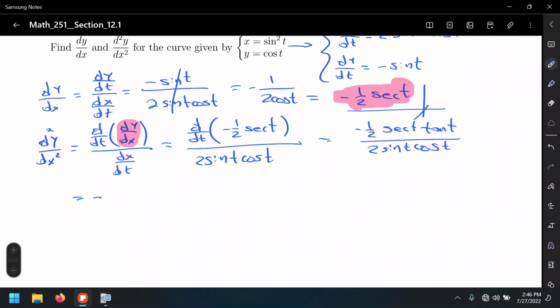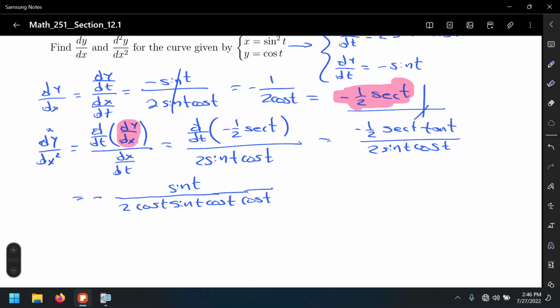So secant goes down to the denominator as a cosine, cosine t, it's this one, and then sine t cosine t, and then this tangent right here will leave a sine in the numerator and another cosine in the denominator.